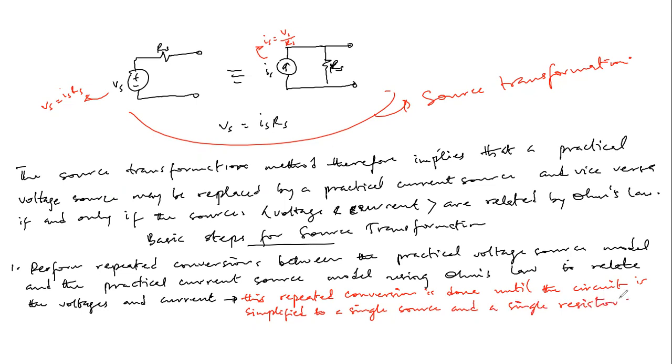Okay, so meaning that we have a single resistor connected in series with the voltage source, or a single resistor connected in parallel with the current source.